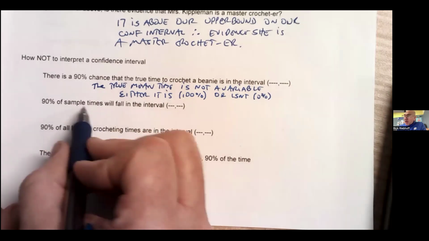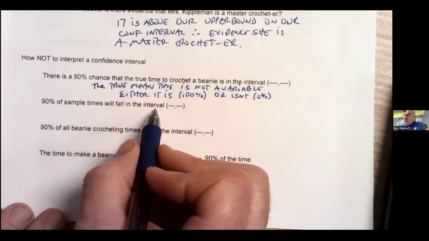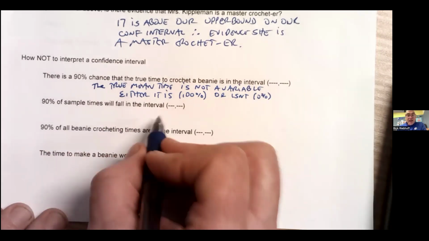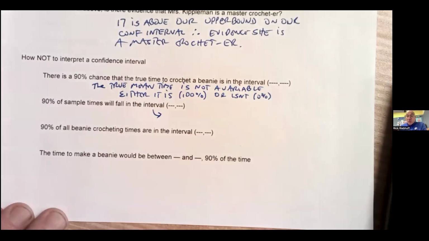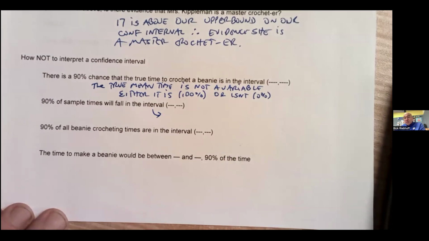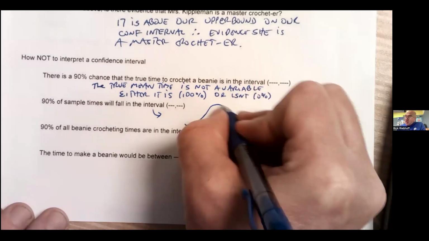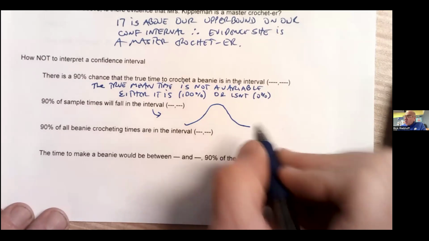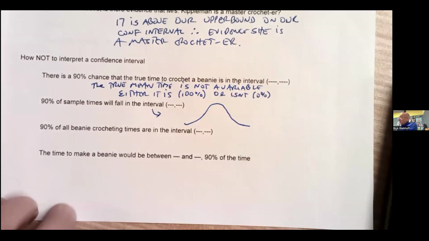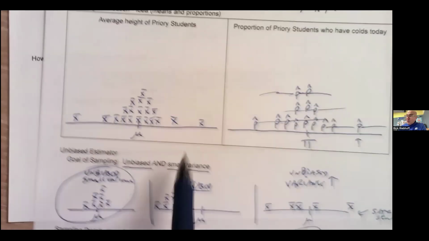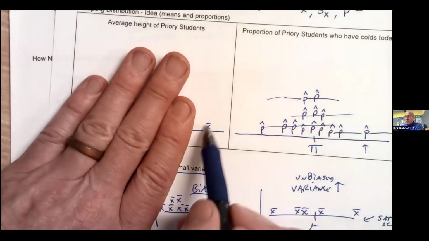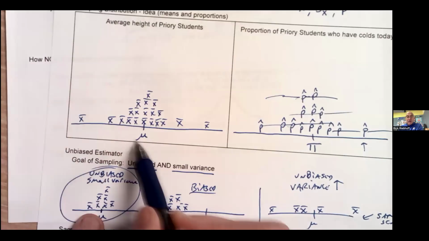90% of sample times will fall in the interval. Remember, the interval you are creating comes from a sample. Our sample could vary very much from the actual. We don't know where our sample came from. Again, we go back to this. If we just take one sample, we don't know how that compares to here.